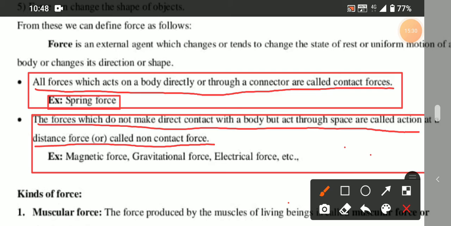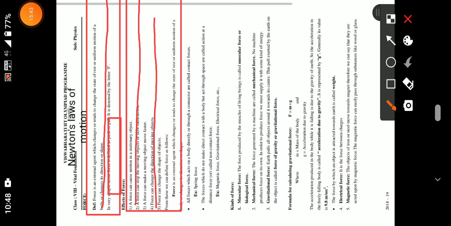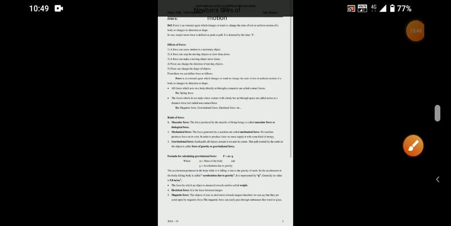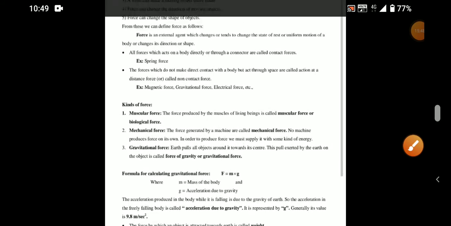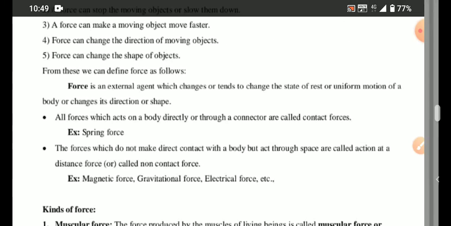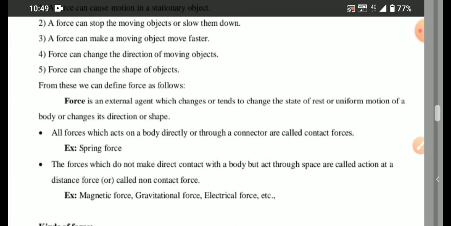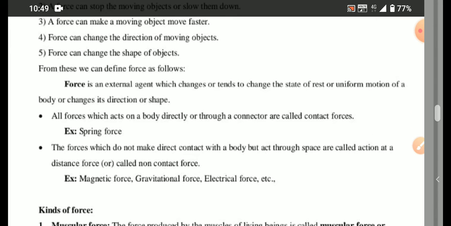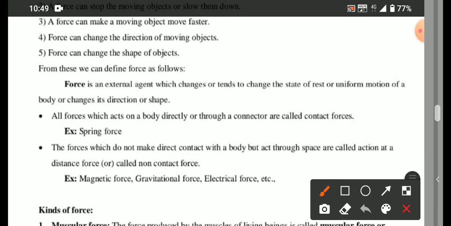That is the meaning of non-contact force. So we can call it action at a distance force, or otherwise non-contact force also.